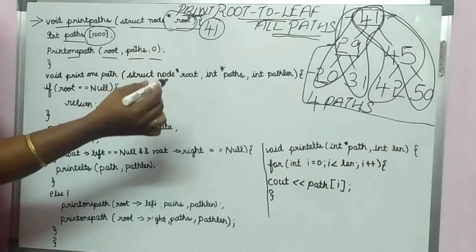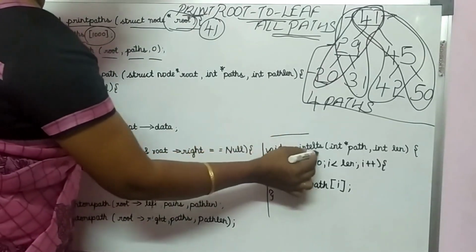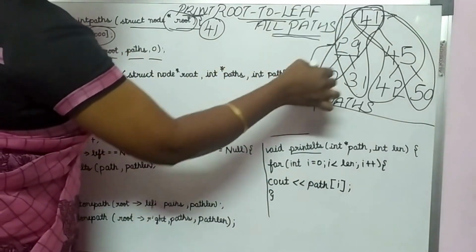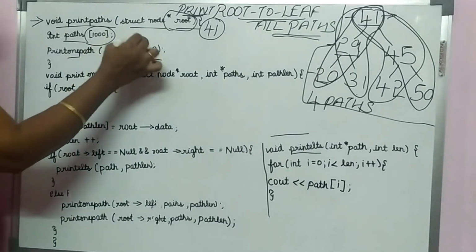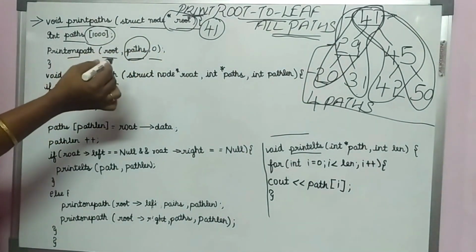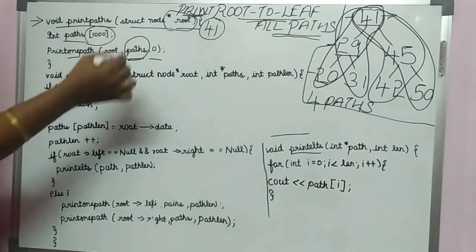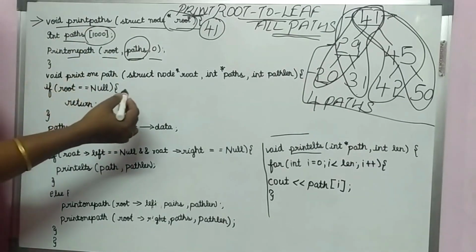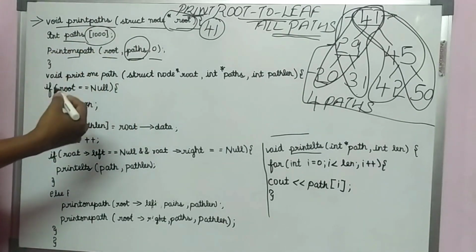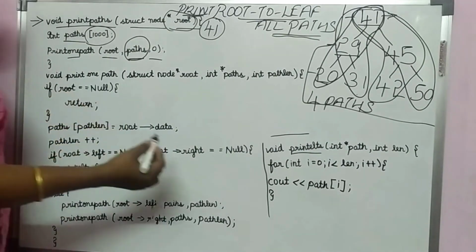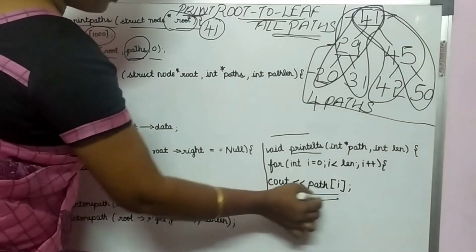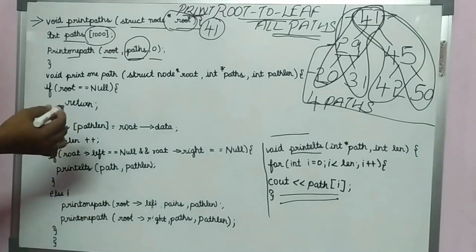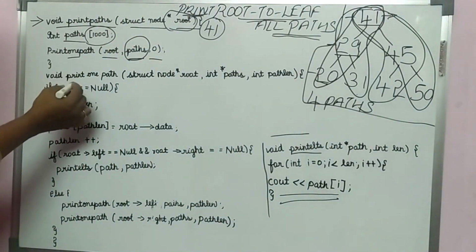Based upon the length calculation, we call the other function, print elements, to print all the values that we have stored inside this buffer. This buffer is like the array. With this array we store the values present in one path, and once we have reached the leaf node, we start printing the values by calling the function print elements.